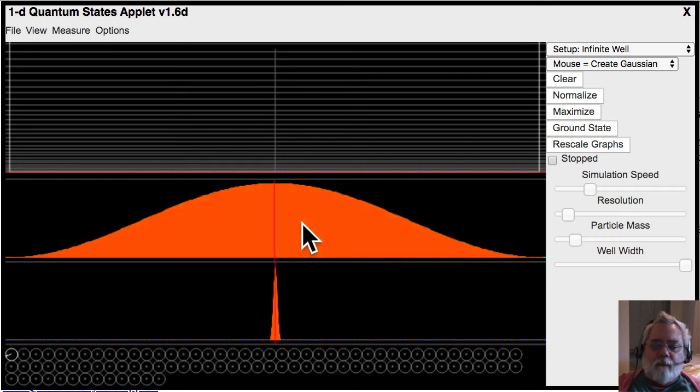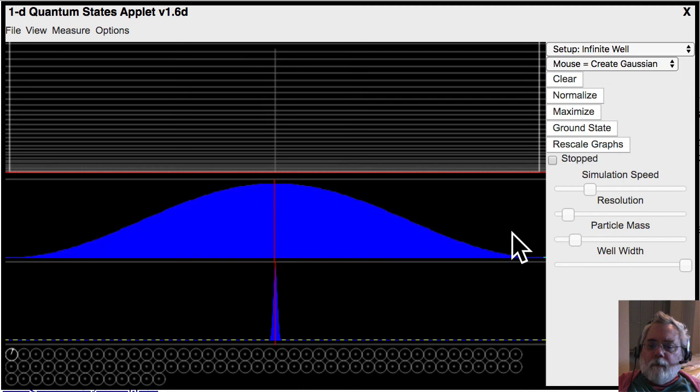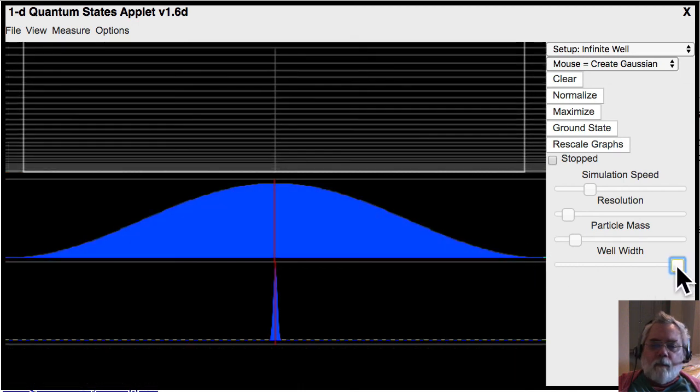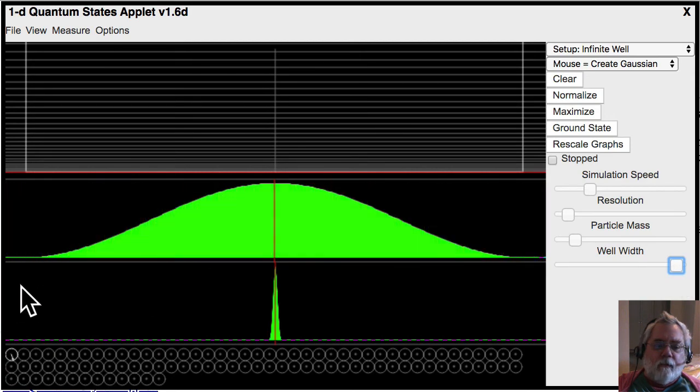We're in the ground state right now. So the probability density is symmetric with respect to the center of the box, and there's no node, and the expected value of x is the center of the box. I'm going to make the box a little smaller so that you can see that it is 0 outside the box.